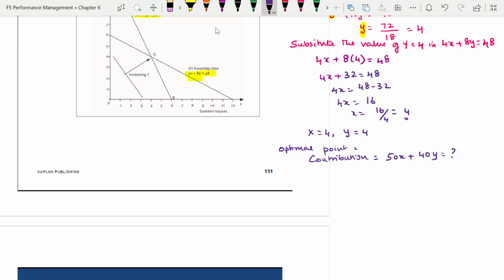Now what is the 50x? 50 into 4 plus 40 into 4. 50 times 4, 40 times 4. It comes to how much? It comes to 360.